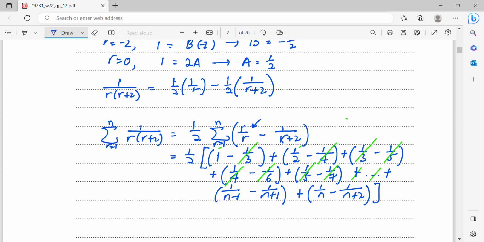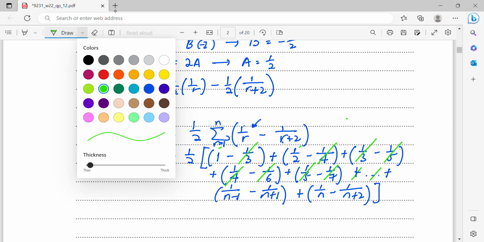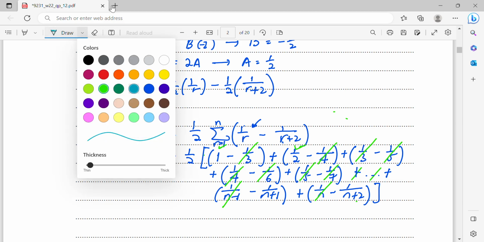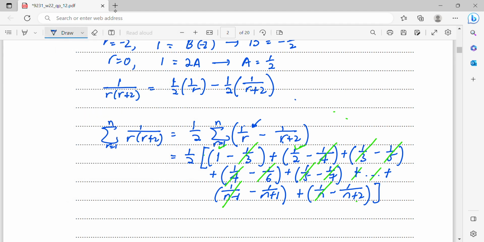Okay, so after you get this, just now we notice that the first and second terms cannot be cancelled off, which means the first and second from the back also cannot be cancelled off. In other words, this 1 over n and 1 over n minus 1 will be cancelled off. Right? So this is how you cancel the terms. Now, here we will be getting 1 over 2.